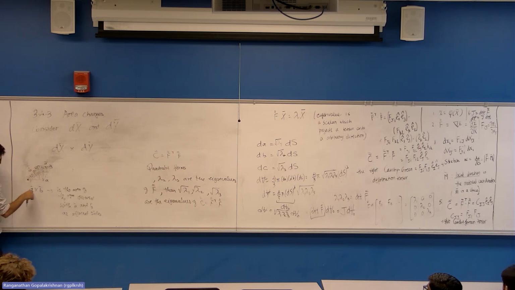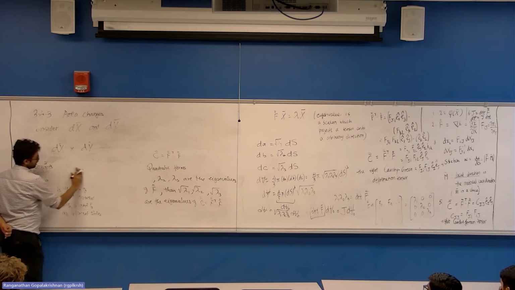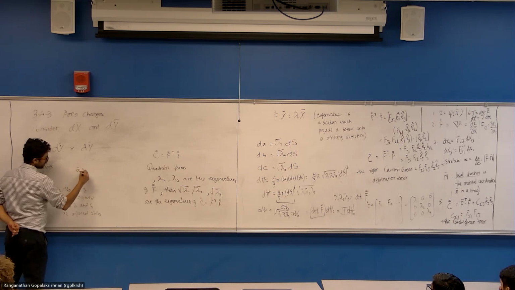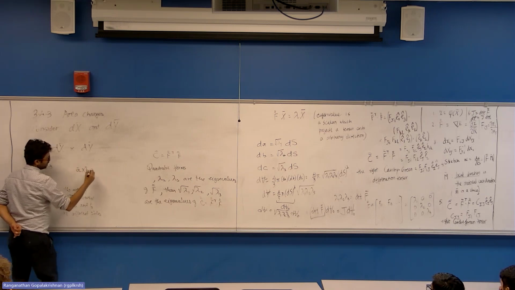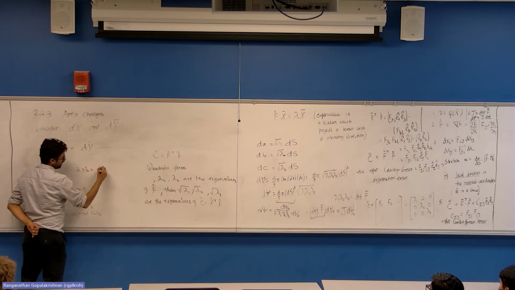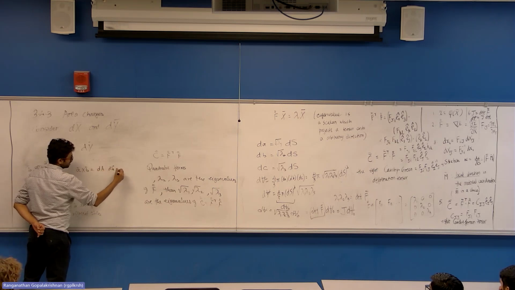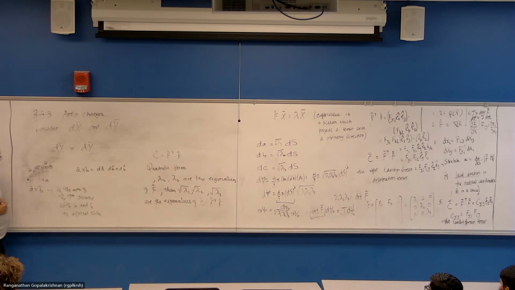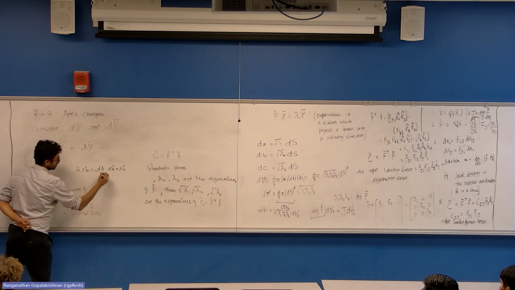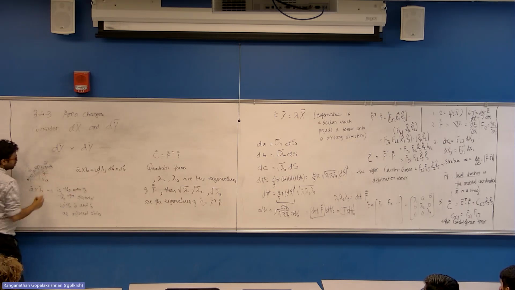So A cross B equals dA multiplied by the normal, and dA is the area of this parallelogram.